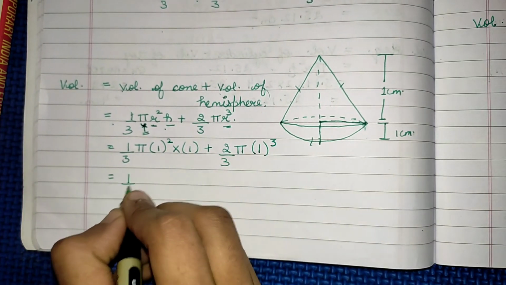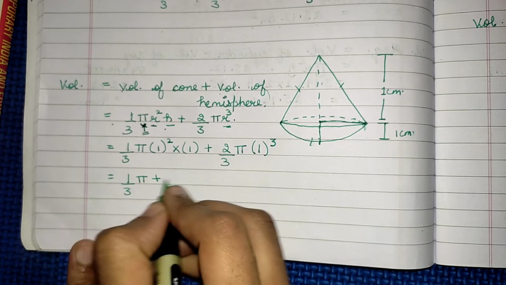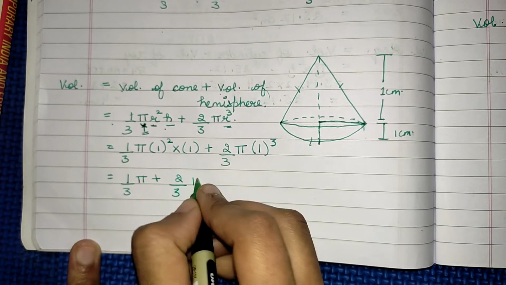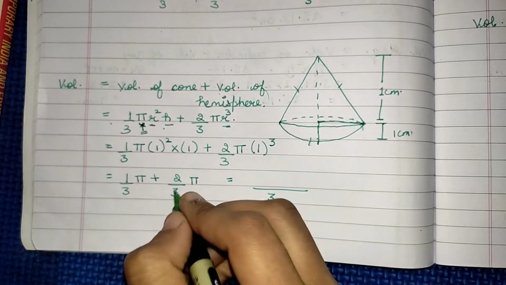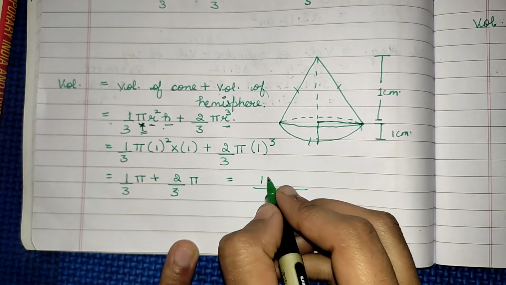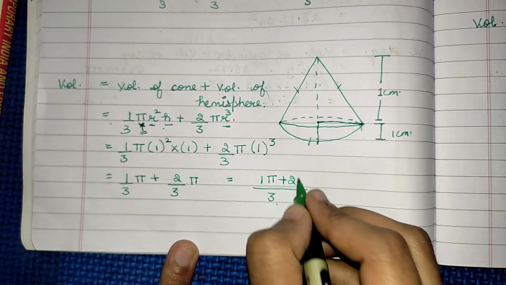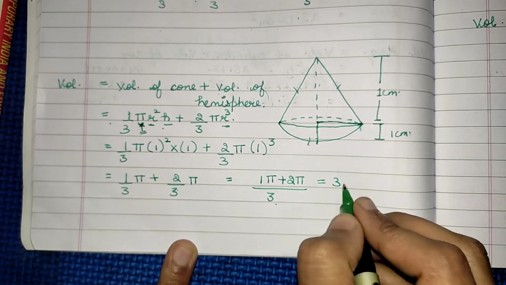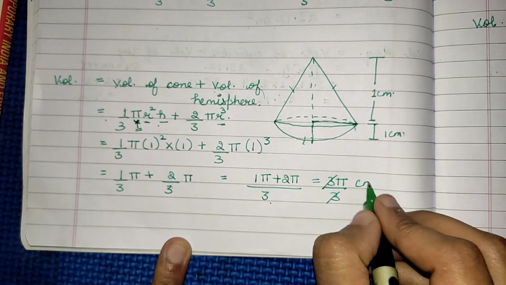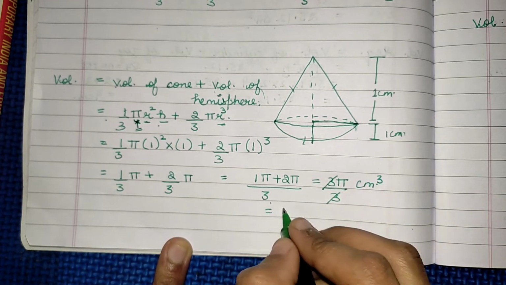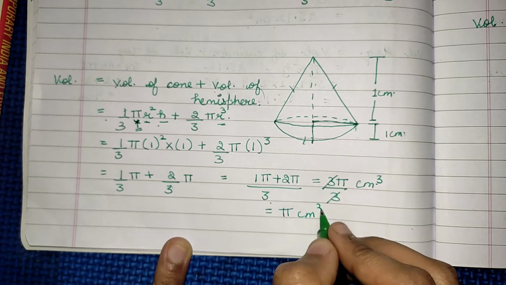So I will get 1 by 3 pi plus 2 by 3 pi. Once you solve this by taking LCM, you will get 1 pi plus 2 pi, which is 3 pi by 3. That means the answer is going to be only pi centimeter cube.